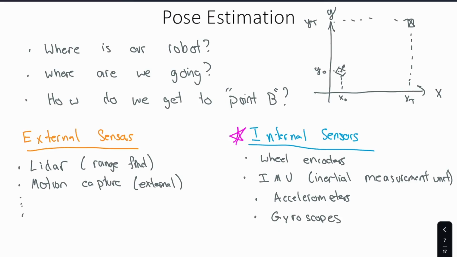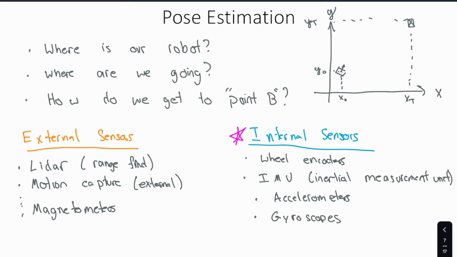Speaking of which, pretty soon after we introduce the encoders and the IMU, we'll also have our magnetometer, which measures the Earth's magnetic field, and we can use that to figure out if we're heading north or some other cardinal direction.